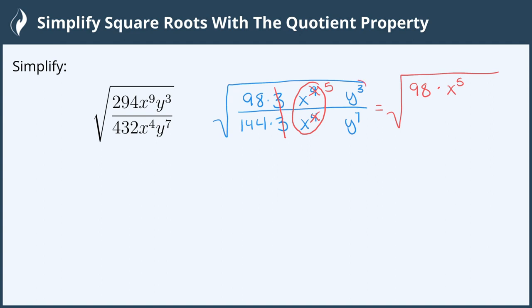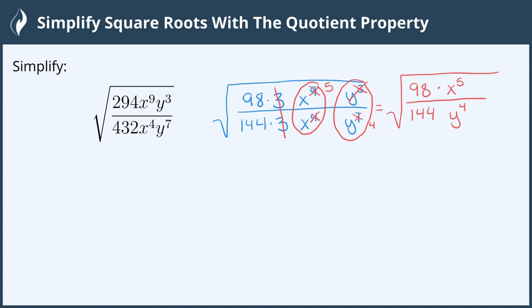With the y's, I have 3 in the numerator and 7 in the denominator, so 3 of those will cancel out, leaving us with 4 left in the denominator. So I have 144 and y to the fourth in the denominator.